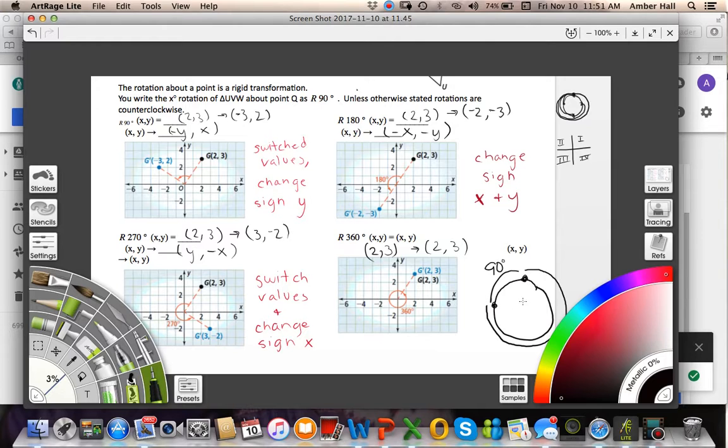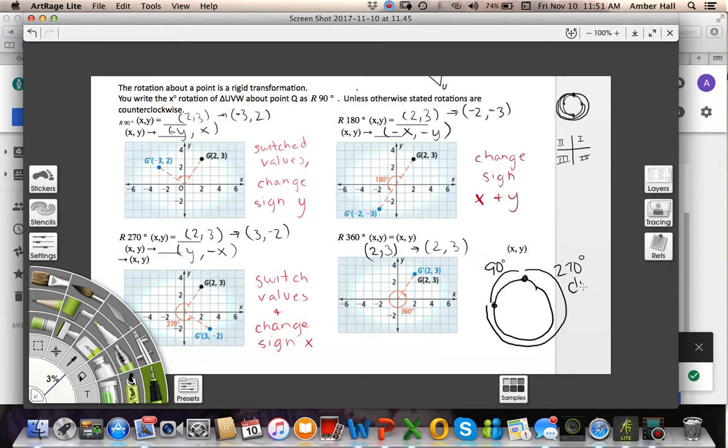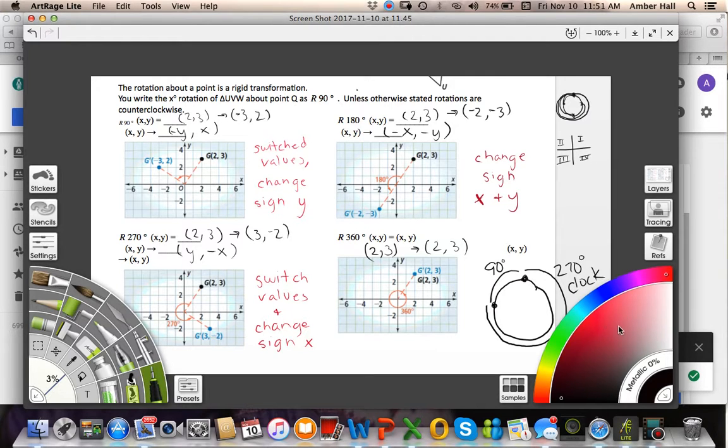And to get all the way over here, I have to go 270 degrees clockwise. This is trippy. So, if I want to figure out what my rule is for 270 degrees clockwise rotation, I just look over here for my 90 degrees counterclockwise.